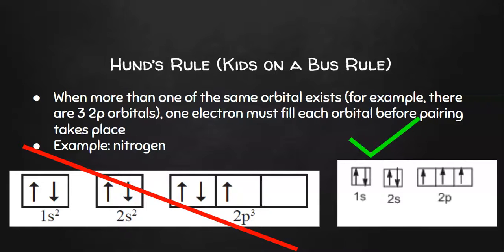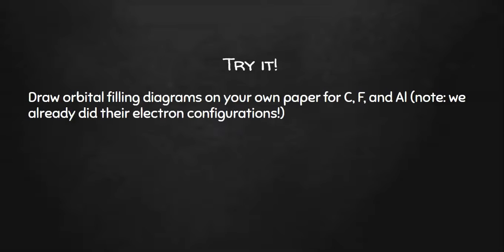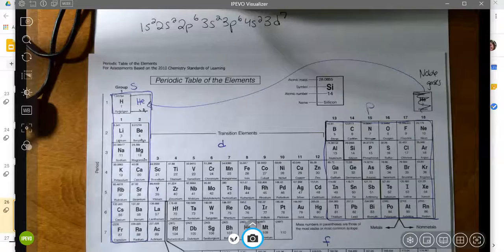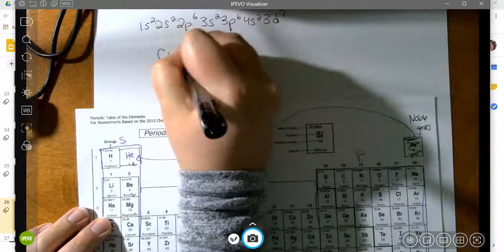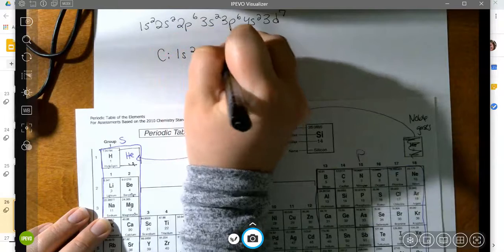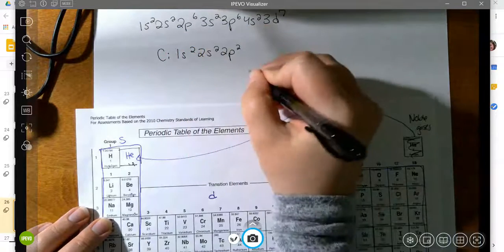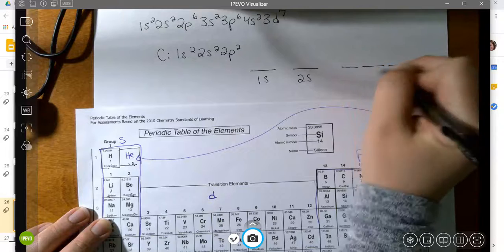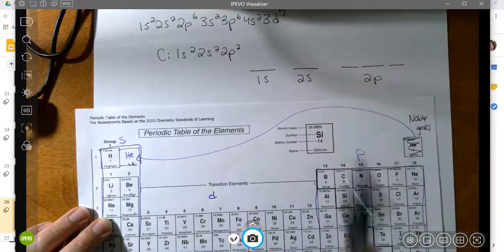All right, so I want you to try on your own paper to do orbital filling diagrams for carbon, fluorine, and aluminum. We already did their electron configurations earlier in this discussion. Let's actually do carbon together just to give you one more example. So carbon's configuration is 1s2, 2s2, 2p2. So you can draw lines, and there are 3 2p orbitals, so you need 3 lines, okay?